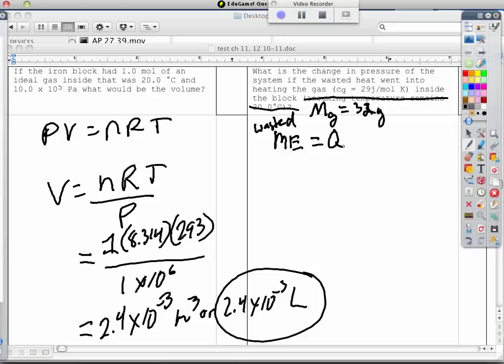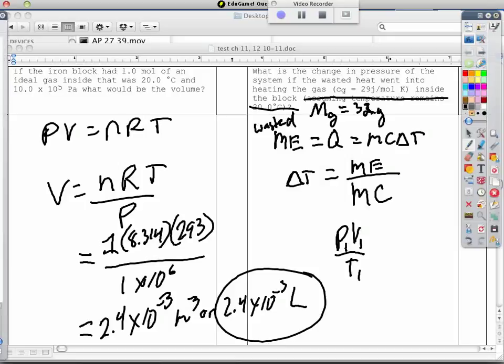And that's just going to be Q, which is going to be mc delta T. So you're going to get some change in temperature. So that's going to be whatever this mechanical energy is over mc. From this, once you find the new temperature, you need to use the ideal gas law.